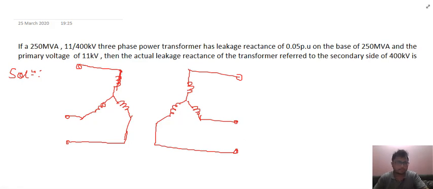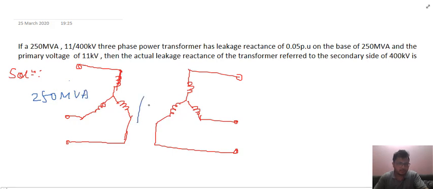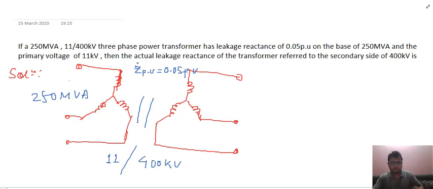The rating of the transformer is 250 MVA, 250 is the power rating, with primary 11 kV and secondary 400 kV, and reactance is given. Z per unit is given as 0.05 pu on the base of 250 and primary voltage of 11.